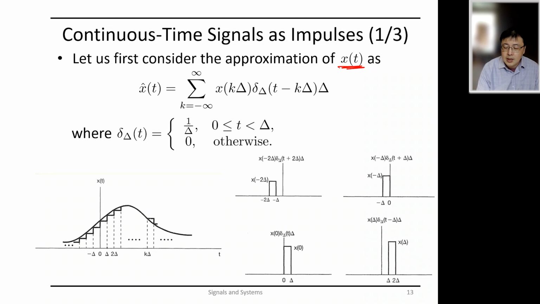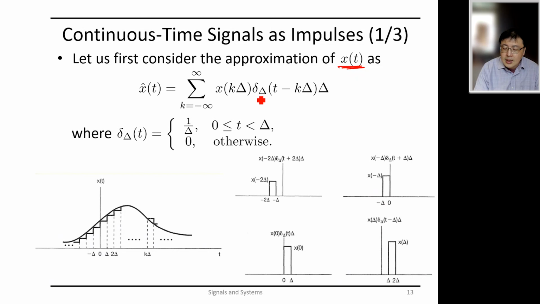Okay. Now, what is this thing here? So x of k delta is the value of x at the integer multiple of capital delta. So this is the value of this x of t at integer multiples of capital delta.